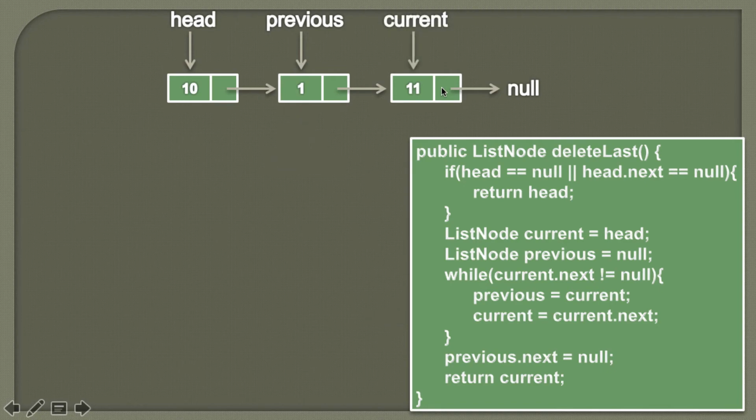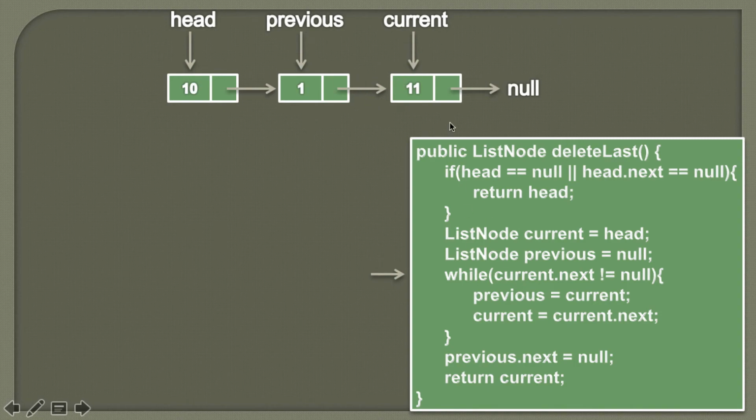Moving ahead. Now friends, here you can see that we have these 3 nodes, but in a single linked list there can be n number of nodes. So the only idea to delete the last node of the single linked list is we need a reference to the second last node of the single linked list so that we can remove this linkage.